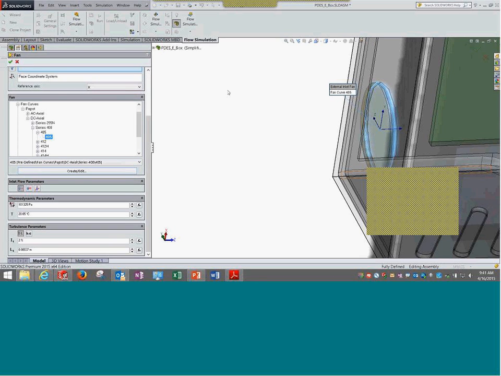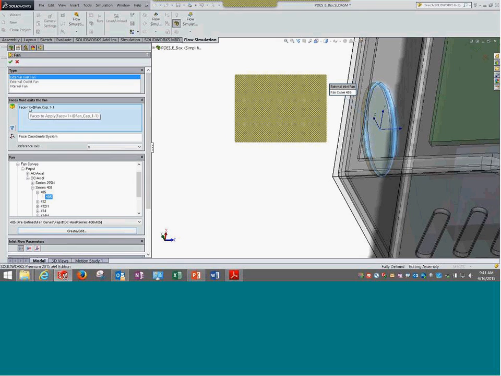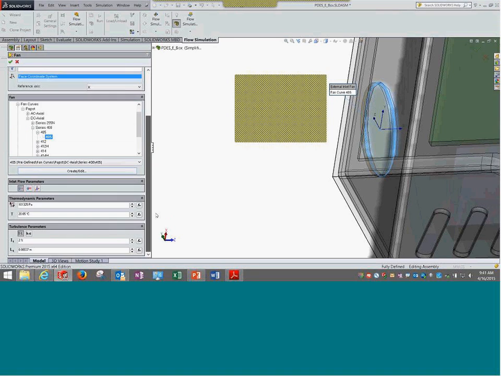So by the way, you select the face so that the coordinate system is selected appropriately, and the x direction is actually the axial direction of the fan. That is done appropriately. Thereon, let me go down here.